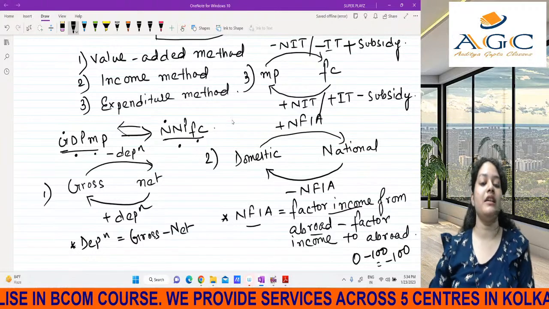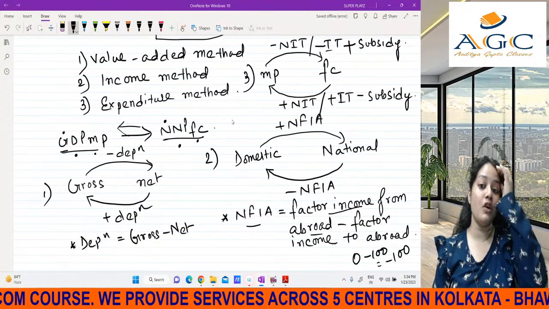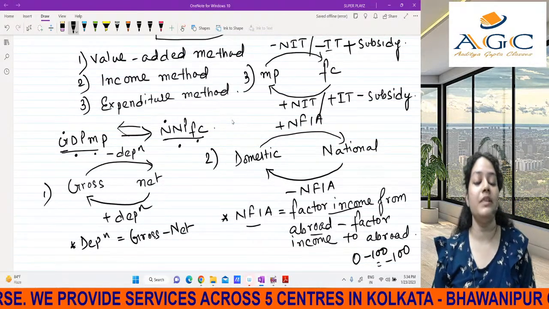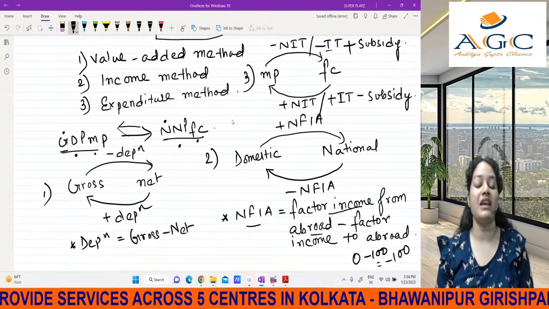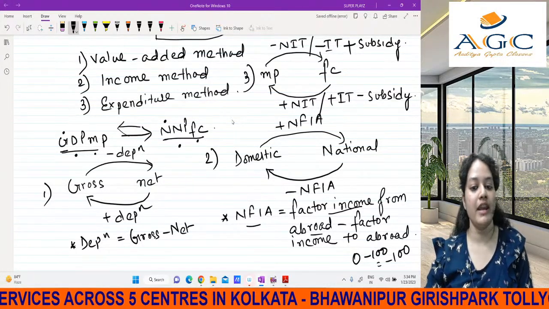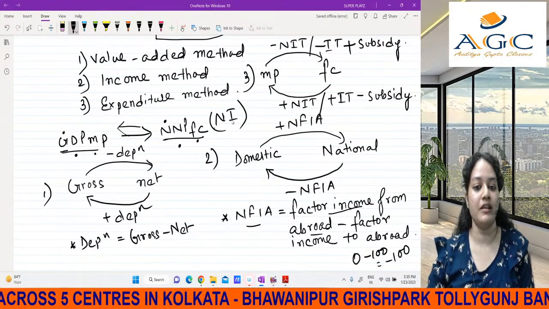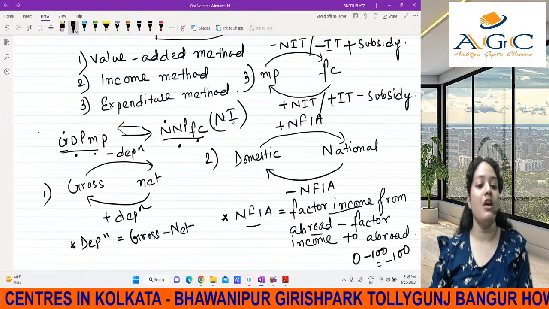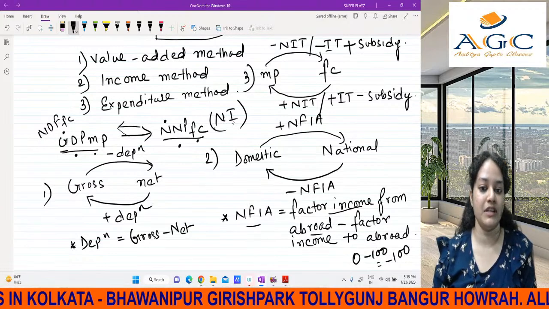These are the few things that you have to keep in mind while doing any of the three methods, because for all three methods you will be needing them. Because at the end, if you are asked to calculate your national income, you have to find out your NNPFC. Even if you are given GDPMP or NDPFC, whatever is given, you have to take it to your NNPFC.